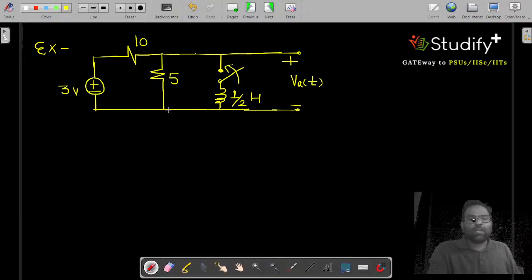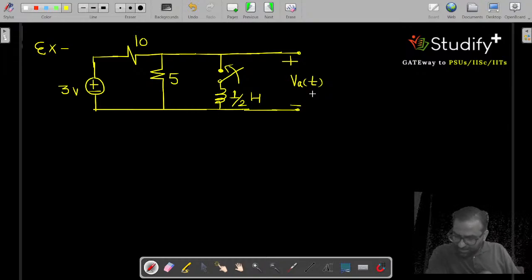Okay, fine. Again, there is a conflict because we have an energy storing element, the inductor, but they are asking for the voltage. So we don't analyze the circuit at T less than 0. We will just analyze the circuit for T greater than 0.